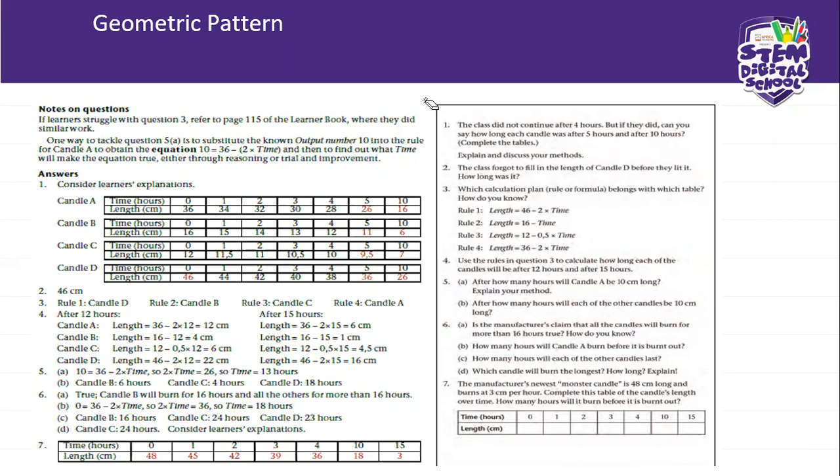No, I have the answer for the rule. So what will the rule be? It will be -2, and then when it gets to 16 it will be -5.